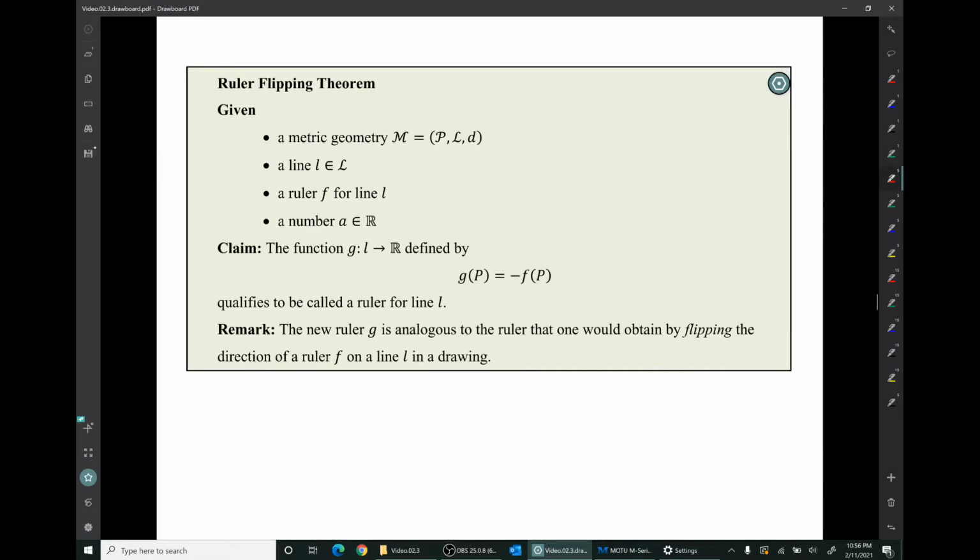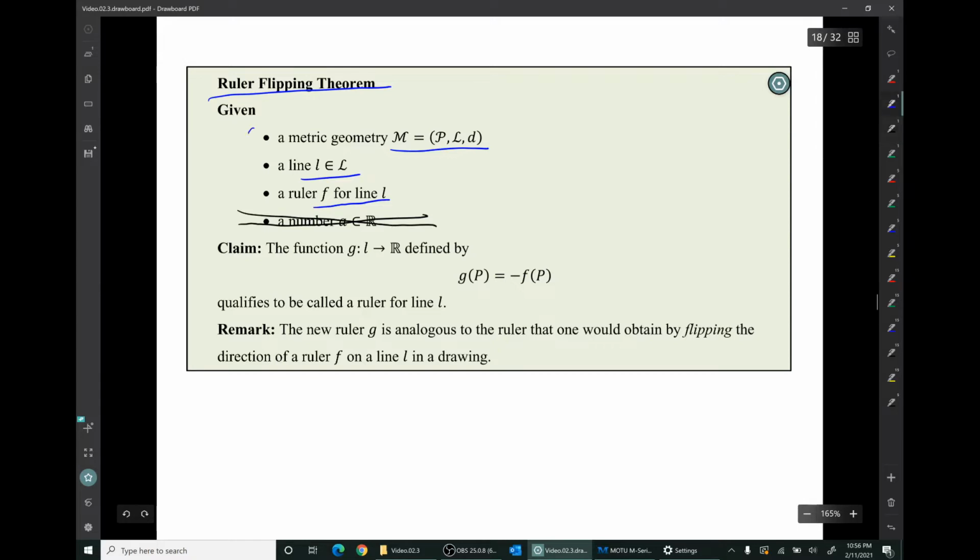Now there's another theorem about behavior of rulers in a metric geometry that's analogous to the flipping of a ruler in a drawing. This theorem is called the ruler flipping theorem. It says this: if you're given a metric geometry, and you're given a line, and you're given a ruler for a line, here there's a typo, this shouldn't be here.